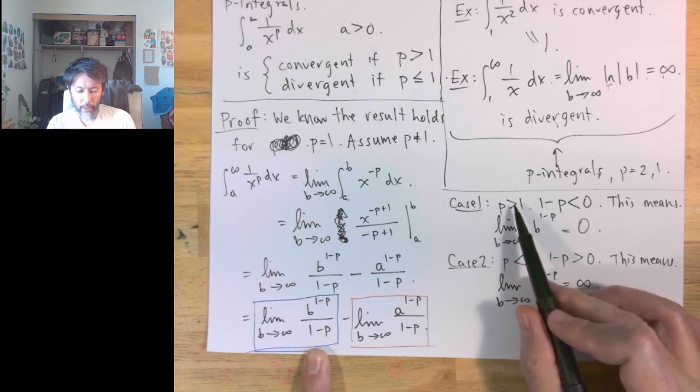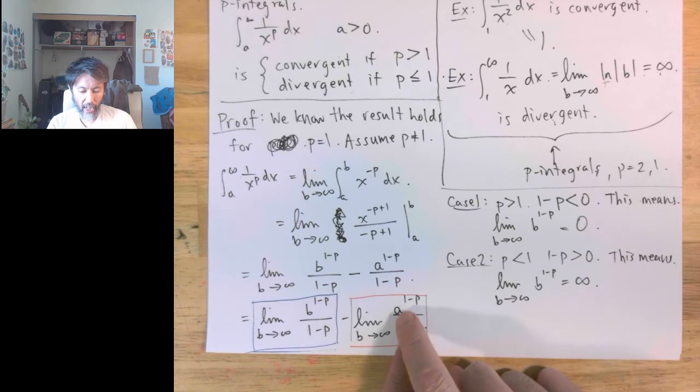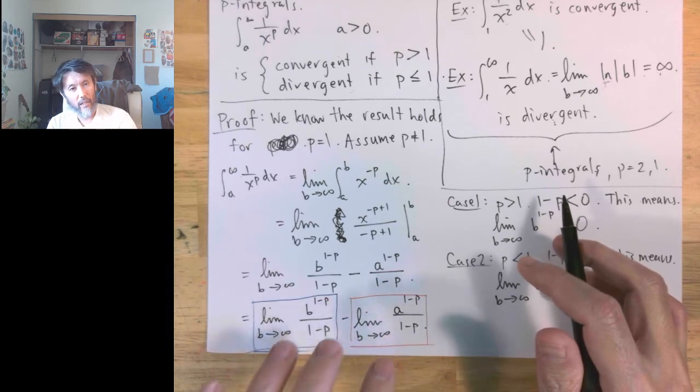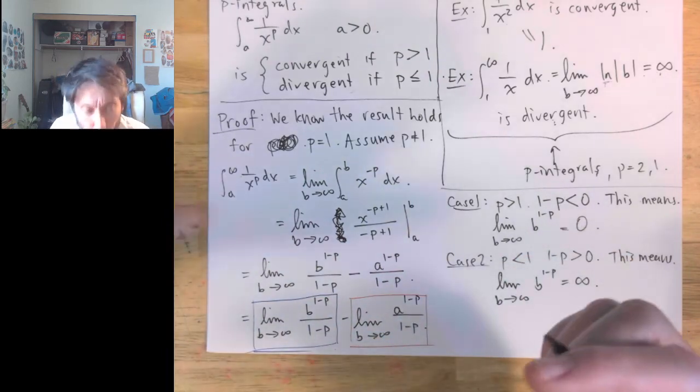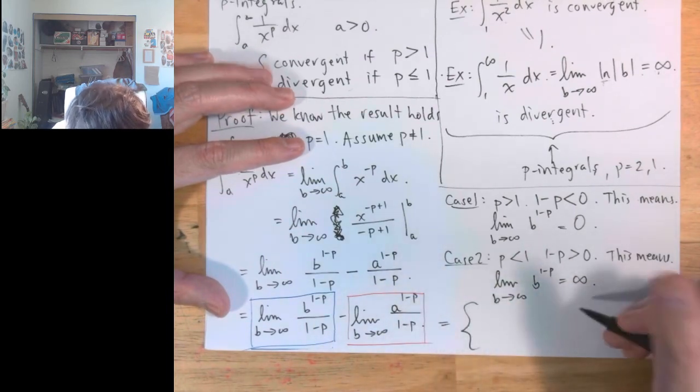If it's bigger than 1, then this quantity here is equal to A to the 1 minus P over 1 minus P, but with an additional negative sign, right? Actually, it doesn't matter a whole lot, but what that tells us is that this thing converges. Maybe I'll be more specific. So we can say it like this. I'm going to break it down into these two cases.